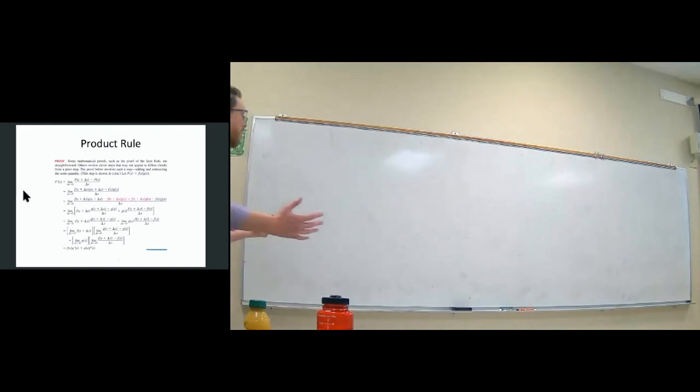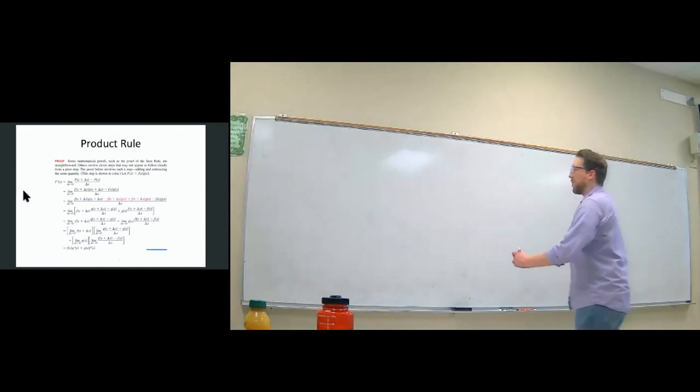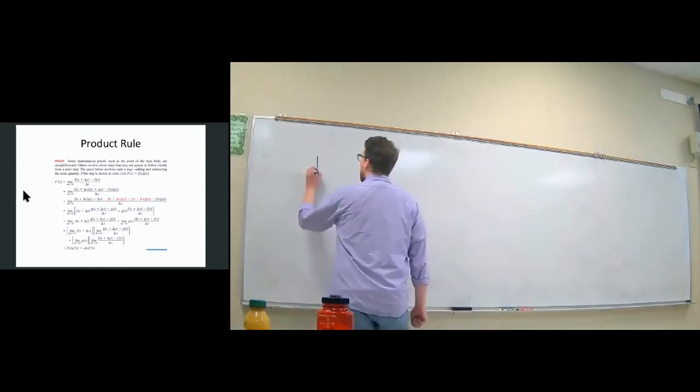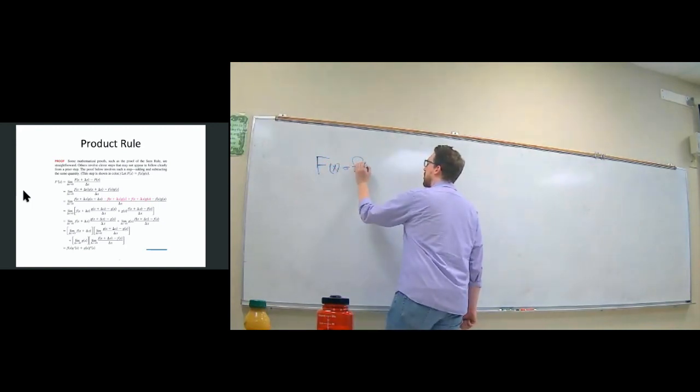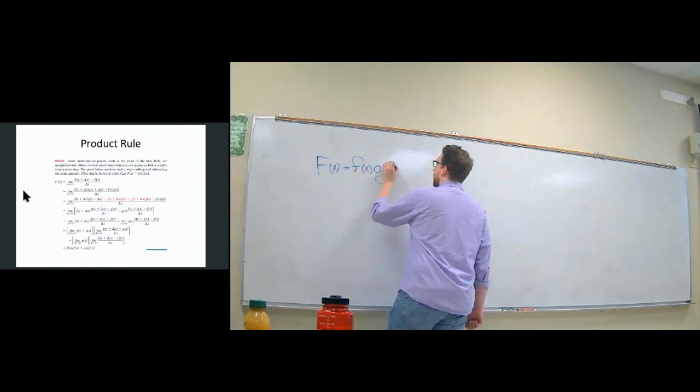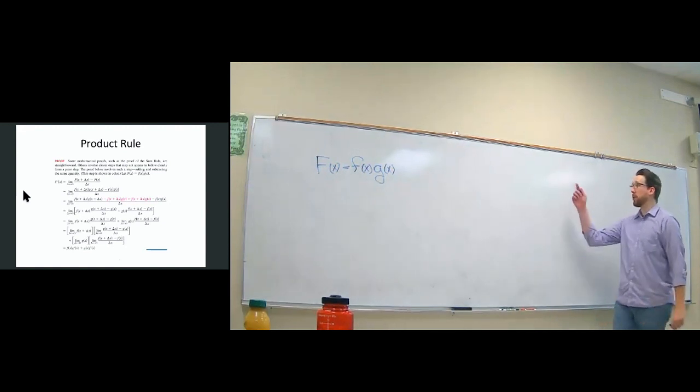So getting on with product rule, what product rule is going to let us do is say, we've got a function, let's call it f of x, and it's equal to two other functions multiplied together, f of x times g of x. So we've seen this actually a bunch. In fact, we just saw it.